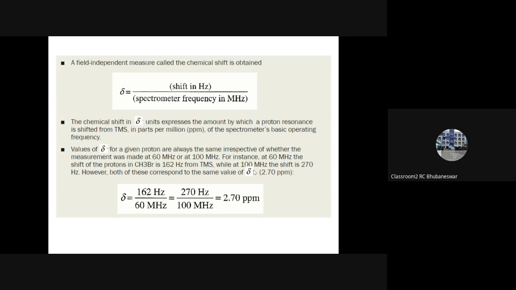So, a field independent measure called the chemical shift is obtained, that is shift in hertz and spectrometer frequency in megahertz. The chemical shift is designated by delta.